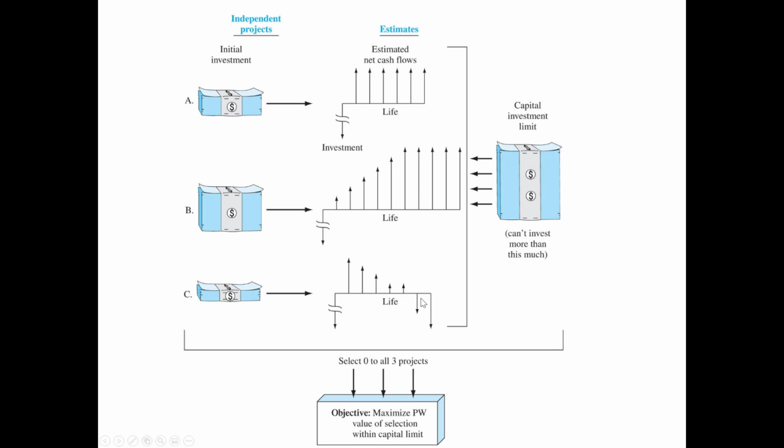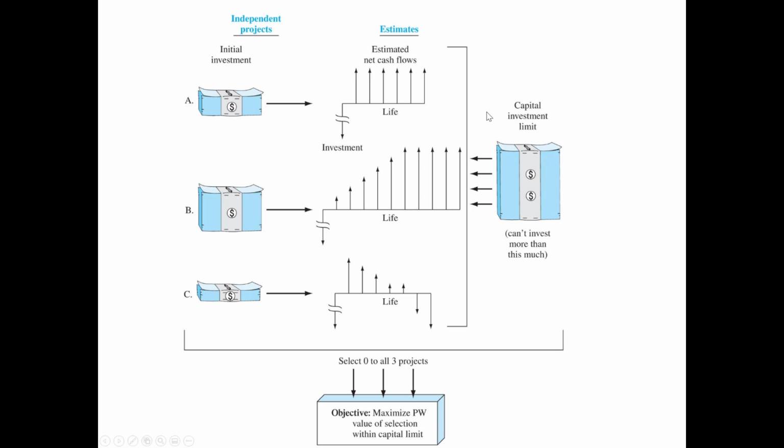This figure comes from the textbook, and it's just visually summarizing that if you have 3 projects, what you do first of all is identify the construction cost, the initial outlay needed for each of those projects. And then you would put together a cash flow diagram over time, what the revenues are going to be.